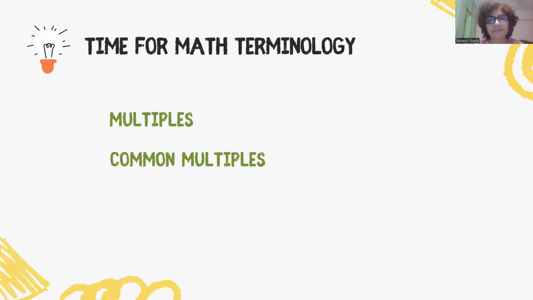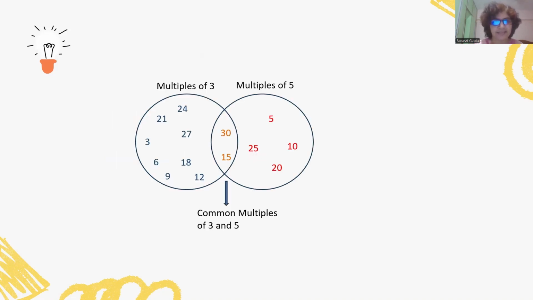And the common multiples are those numbers where we had to say both idli vada. So if you see this diagram, the left side numbers are the multiples of 3 and the right side numbers are multiples of 5. And the intersection is the common multiples of 3 and 5.